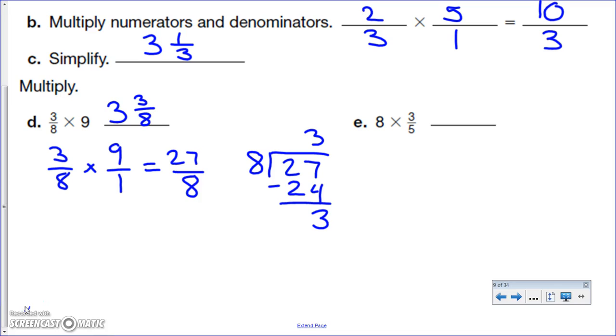For E, we have 8 times 3/5. So first step is to turn 8 into an improper fraction by putting it over 1. Next, we're going to multiply the numerator, so 8 times 3 is 24, and then the denominators, 1 times 5 is 5.